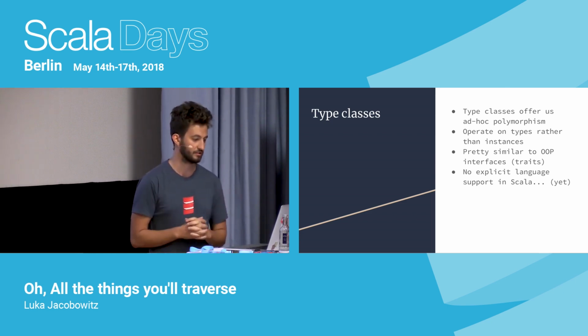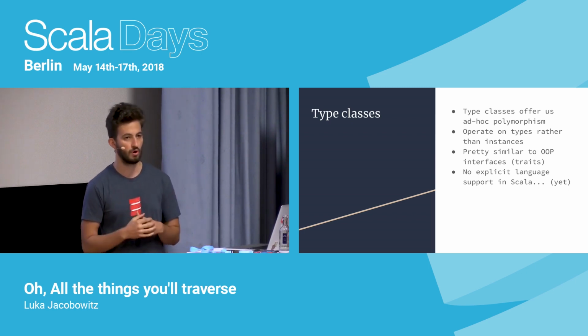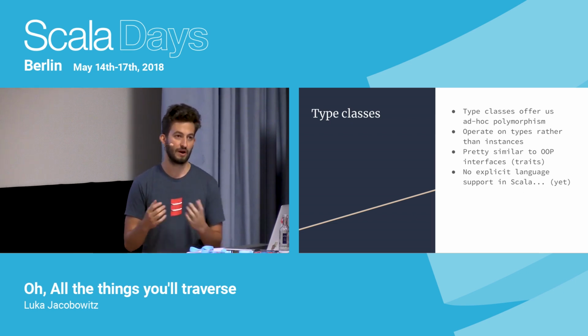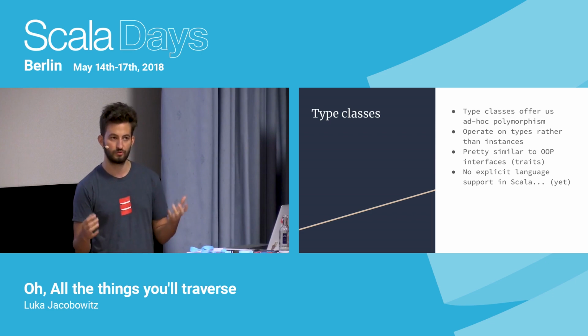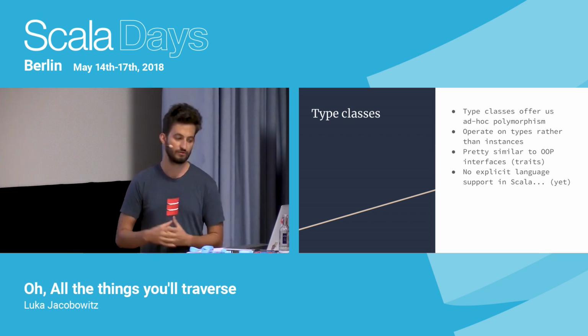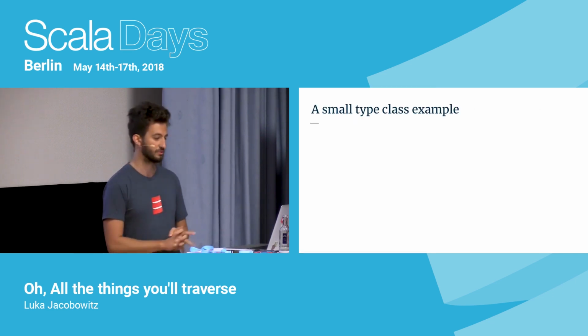That's why they're called type classes. In theory, they're very similar to OOP interfaces or traits in Scala. Right now there is no language feature that allows us to do type classes as a native feature in Scala, but that might change in the future, so who knows.